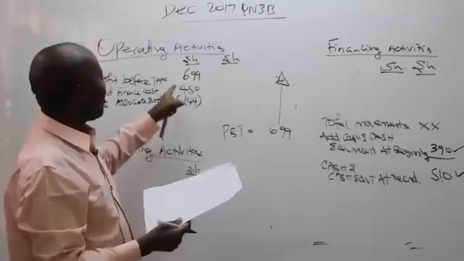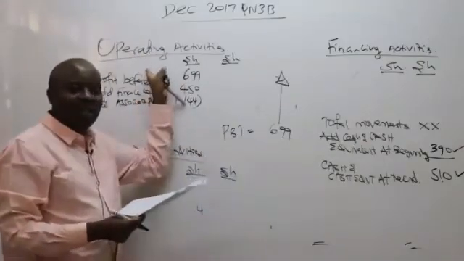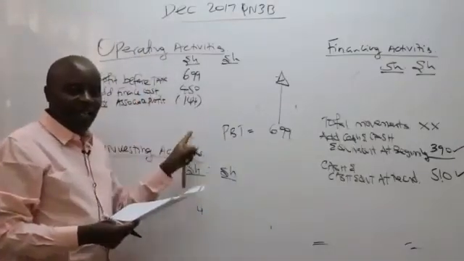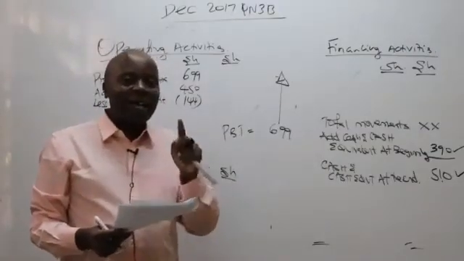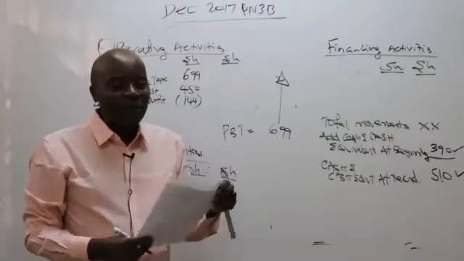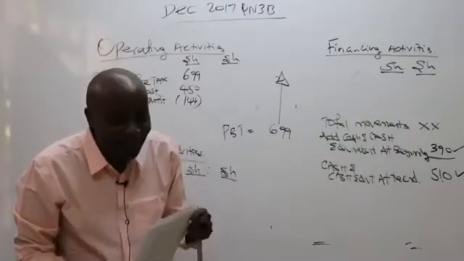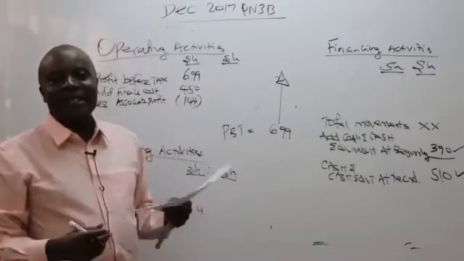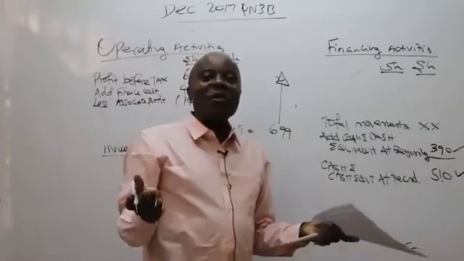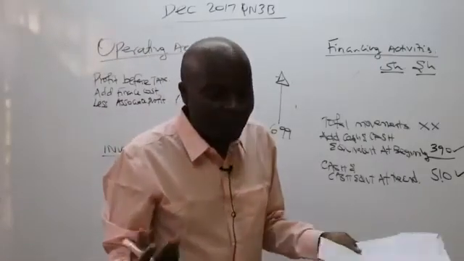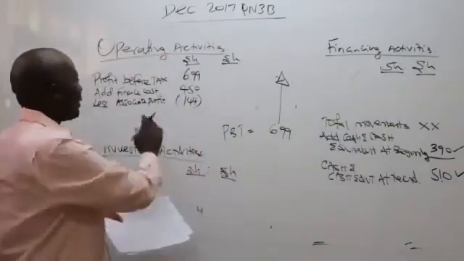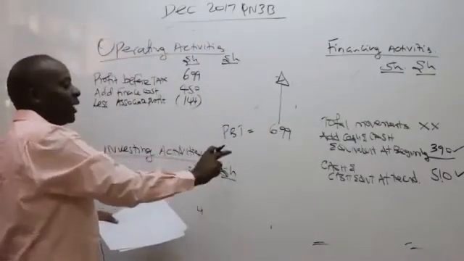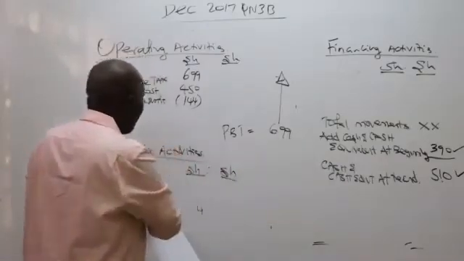The income has been recognized under operating activity, and yet it's supposed to be accounted for under investing. We have invested in an associate. So hii itaenda baadaye katika computation ya investing activity.